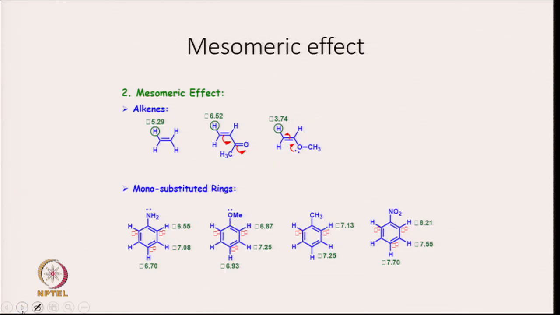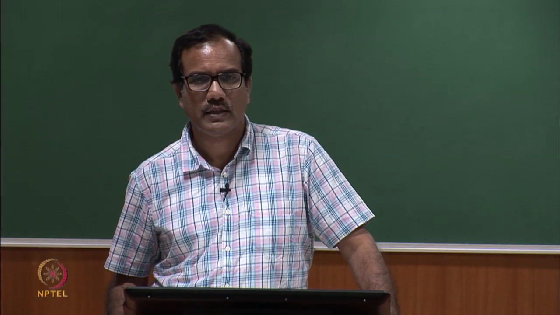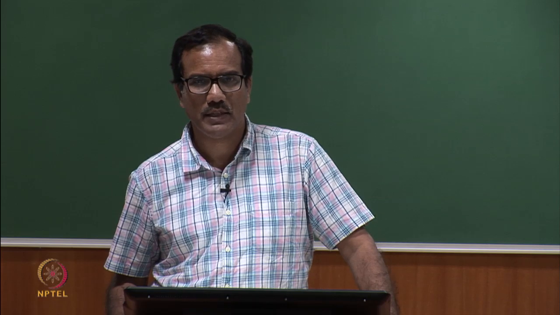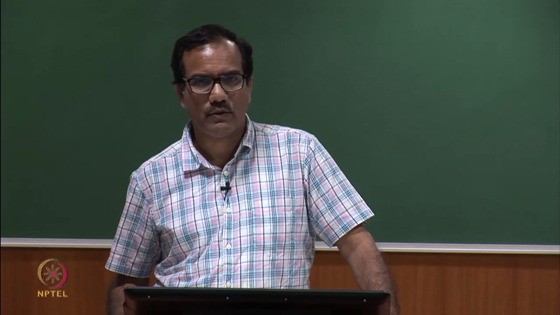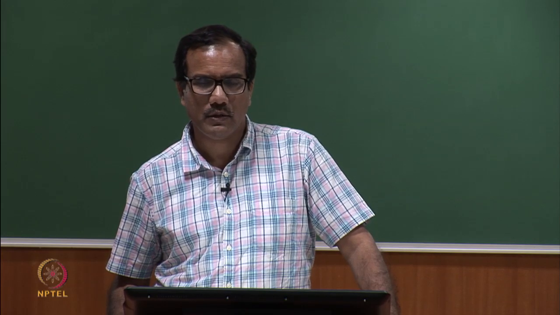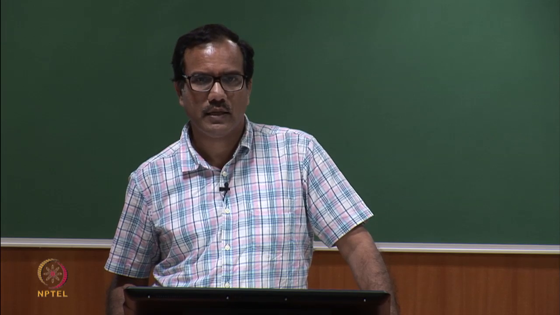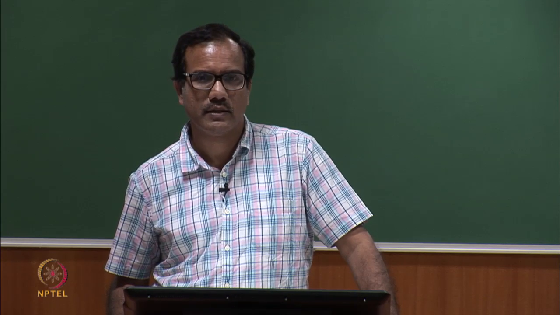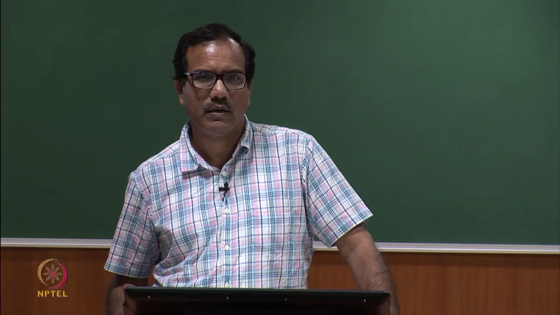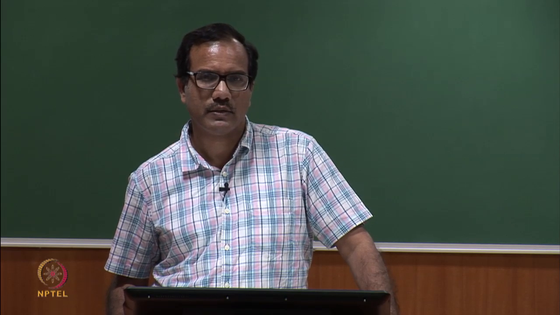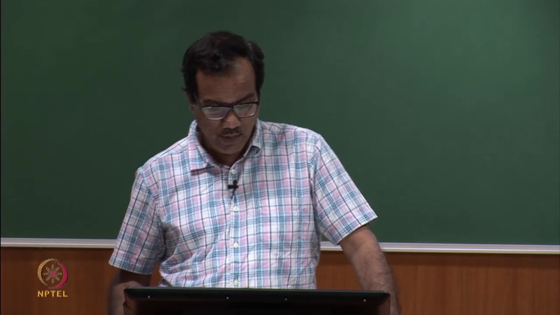The second effect which we started discussing in the last lecture, which affects chemical shift, is the mesomeric effect. Again, the mesomeric effect can withdraw electrons from the proton, or it can enhance the electron density around a proton.